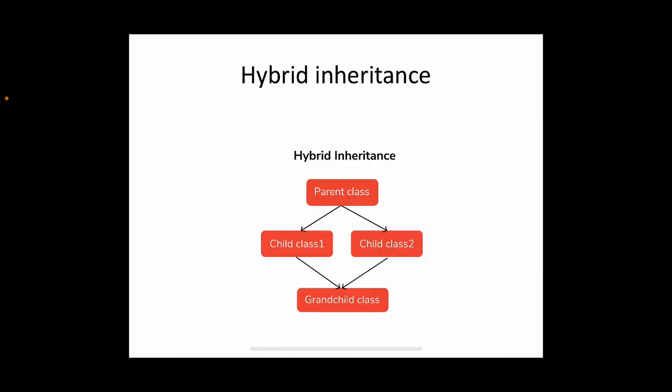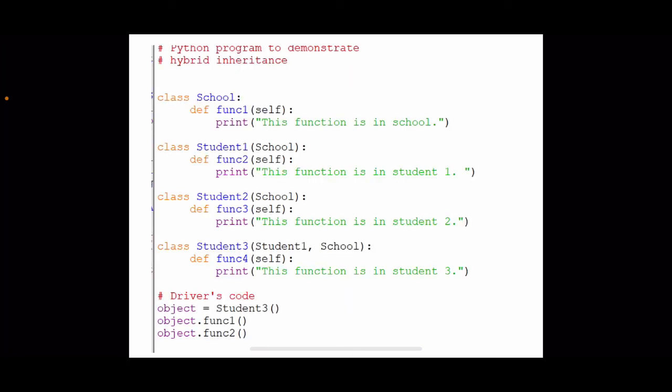Now a combination of these things can be hybrid inheritance. Depending on the application at hand, we can program in that way also. You can see an example for that. Class school. We are defining a new class school in which we have function 1. This function is in school, just to display that. And student 1 has another function 2. This function is in student 1.